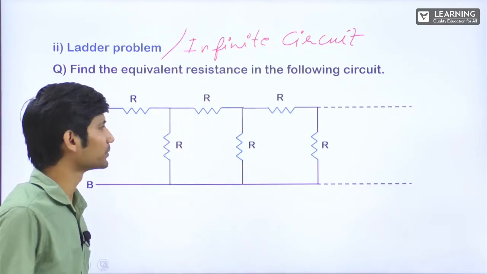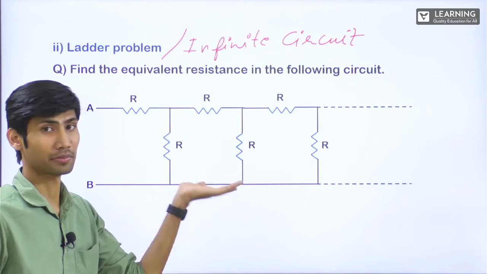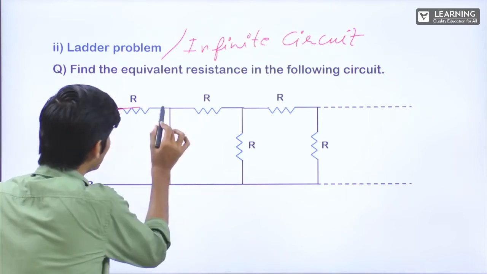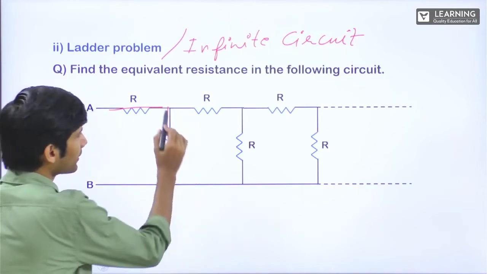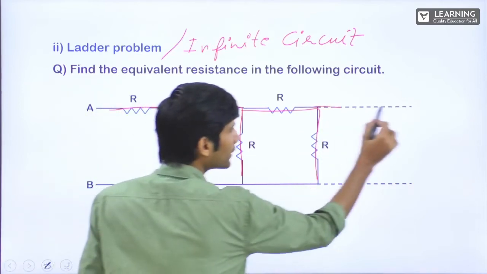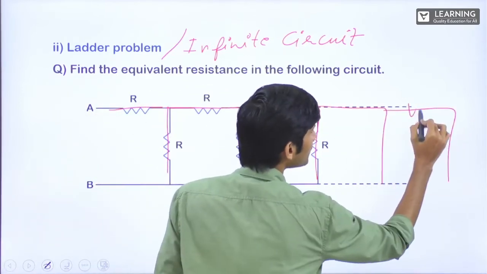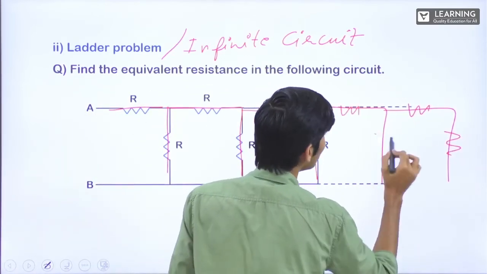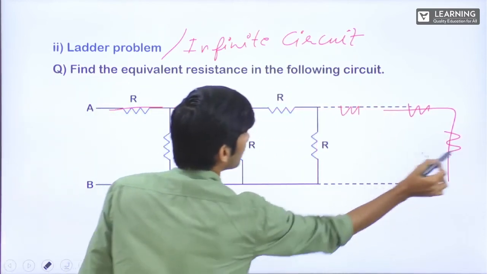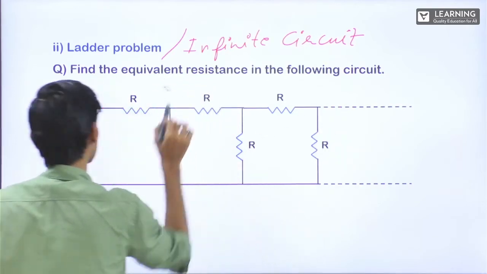We can write it, because again, there is a symmetry in this. See, if you see these two resistances, again the same pattern is repeated. Again the same pattern is repeated. Again the same pattern will be repeated. One resistance here, one resistance here, one resistance here, one resistance here. Since there is a symmetry, we can solve these questions.